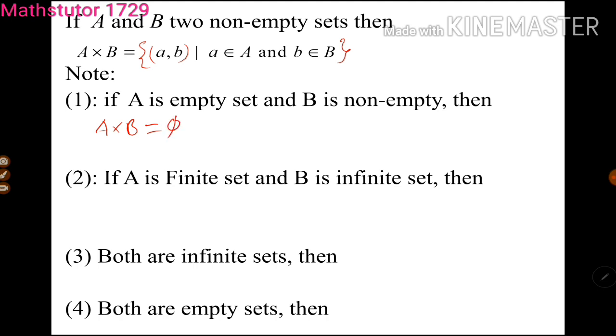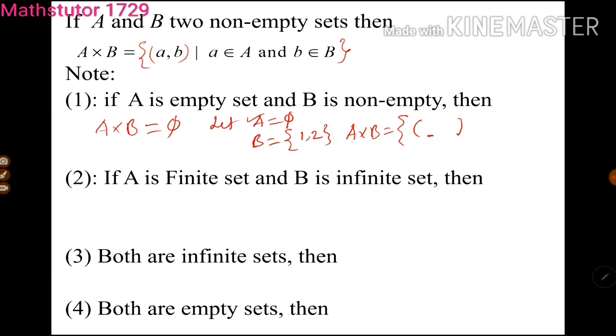Why? Because, for example, let A be the empty set and B be some set {1, 2}. Now write A cross B. The elements in A cross B are ordered pairs. So we have to take ordered pairs.